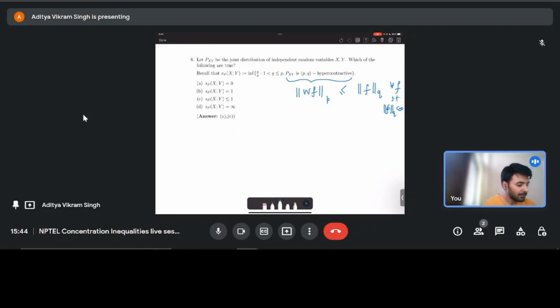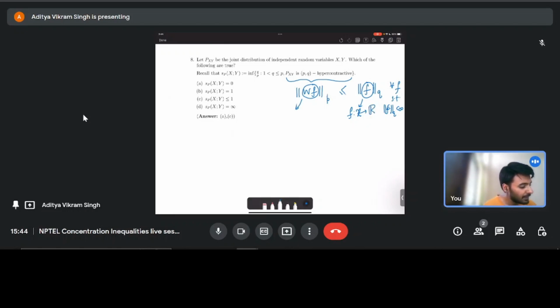And what is this W? What is this Wf? f is a function from x to R, suppose.